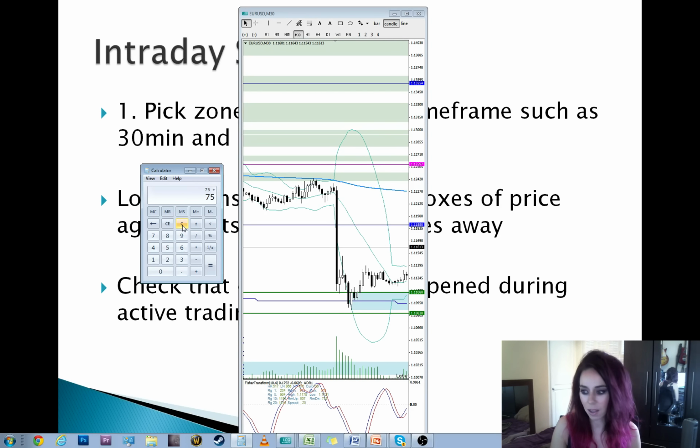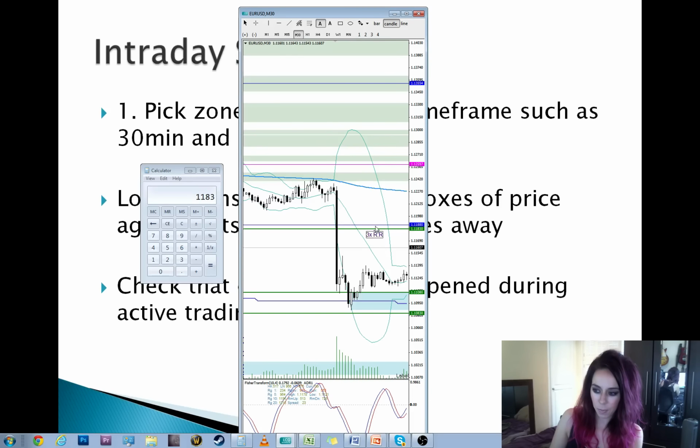So you will add this number onto your entry price and you will get your 3 times risk reward point. And I will mark it on the chart. There we go. So that next line now represents a 3 times risk reward. Okay.